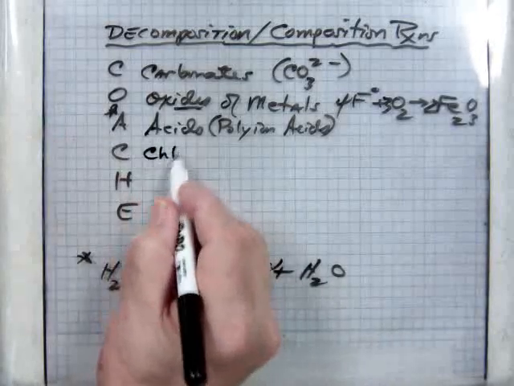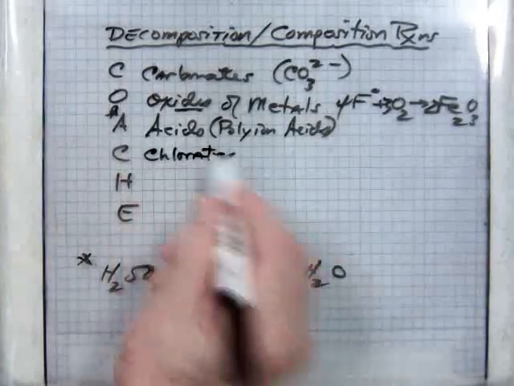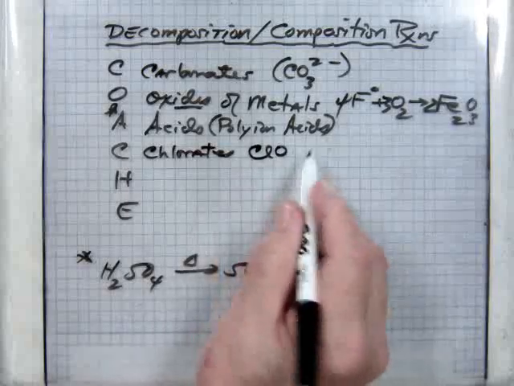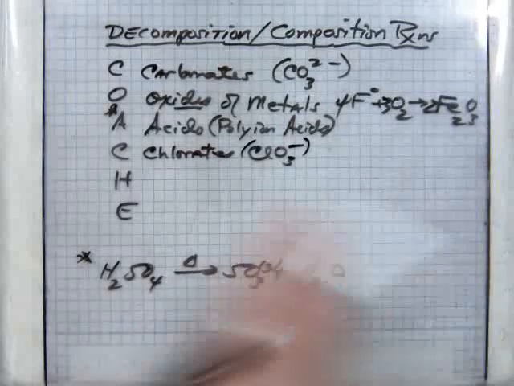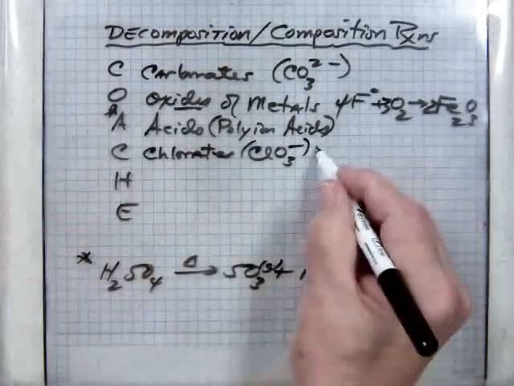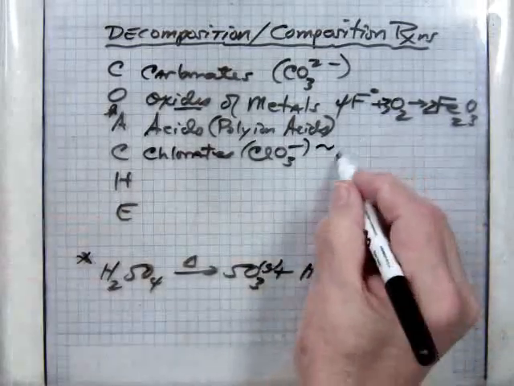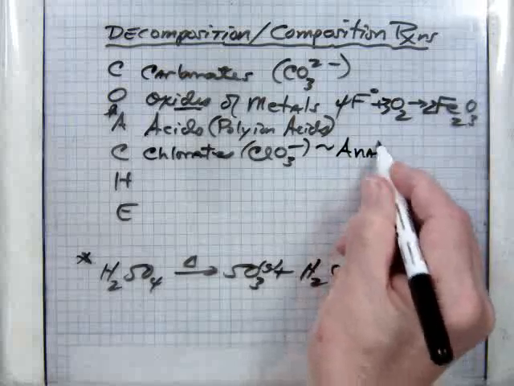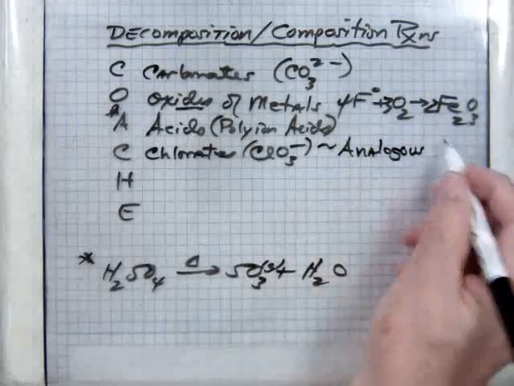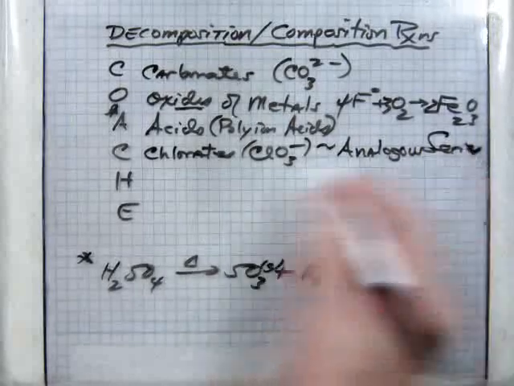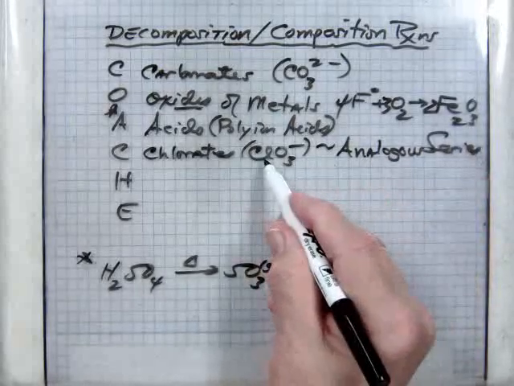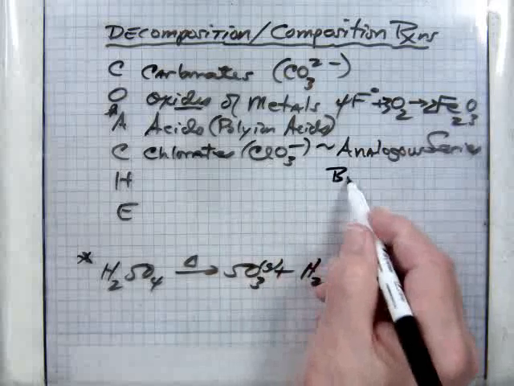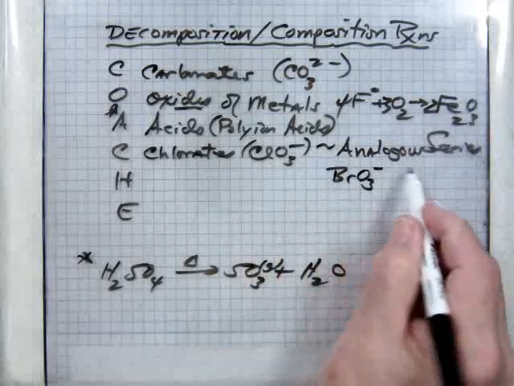Chlorates. And this is a ClO3-. This is also proportional to what we call an analogous series. And that means, while you have other halogens like chlorine here, you can apply the same thing to bromine, and that's bromates.